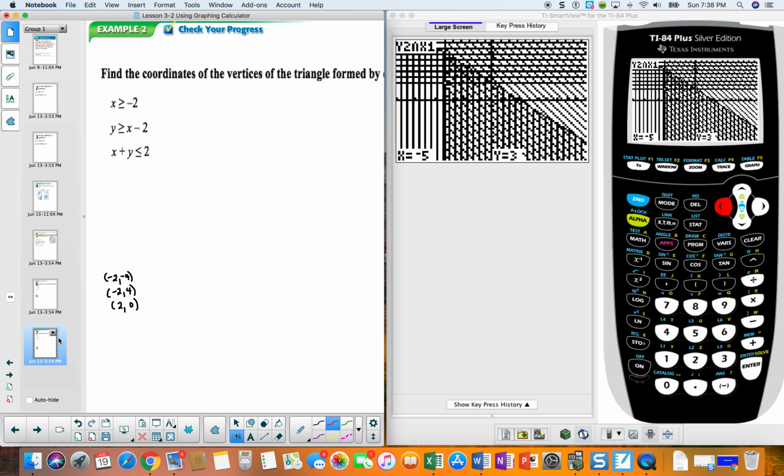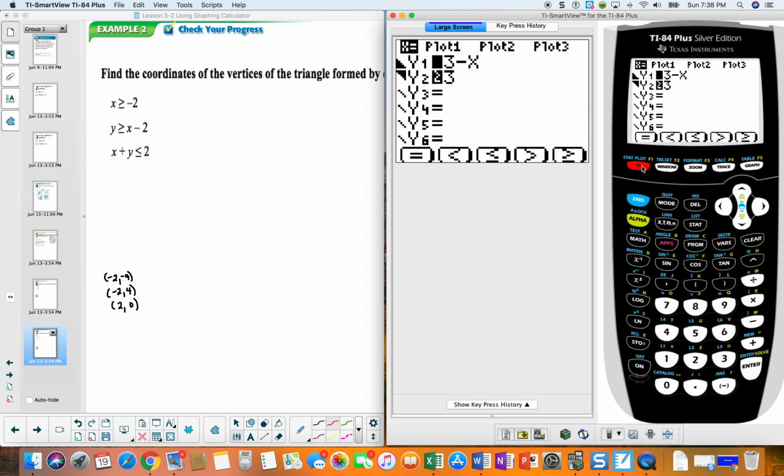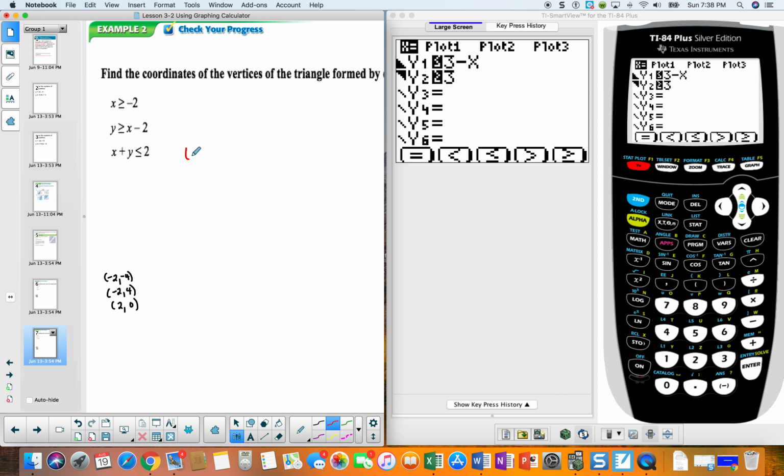Alright, let's go down and we'll try it once again. So I'm going to go to Y equals, and now I need to solve this one. So this one is going to be y is less than or equal to the opposite of x plus 2.